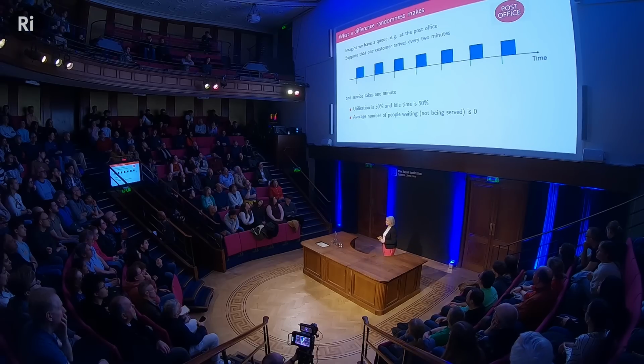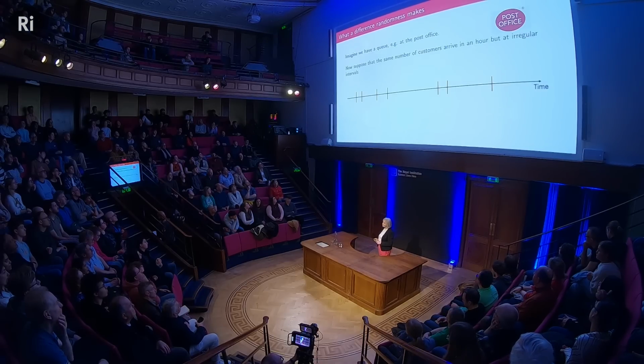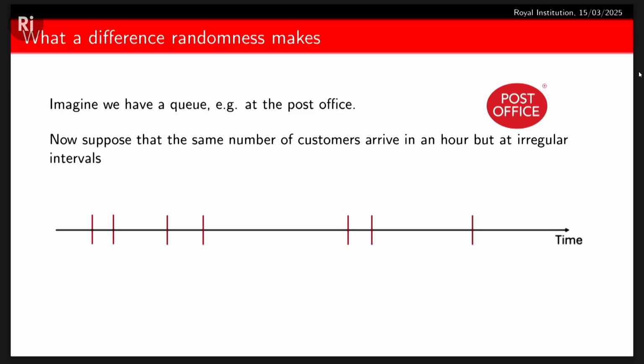So that's just right. But now if we make it more random, and I say this is just illustrative, but let's imagine we have the same arrival rate over an hour, but we take a small segment. We've got the same number of arrivals here, but now they're bursty and they're not so regular at all.